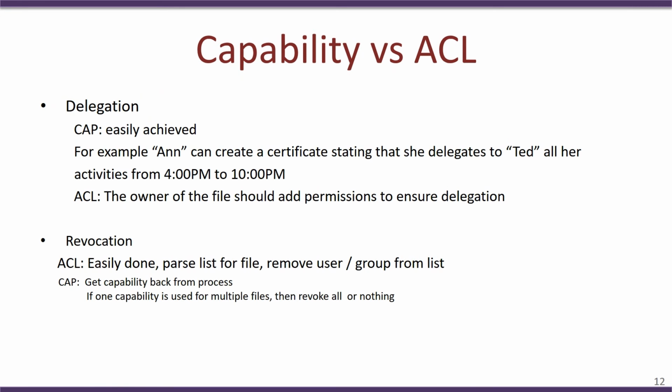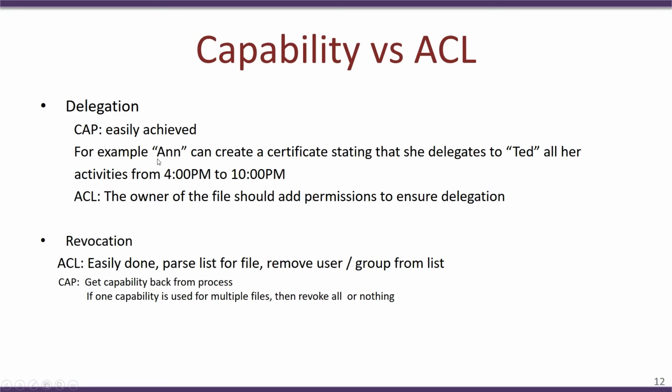Capabilities versus access control lists have their own advantages and disadvantages. For example, if you want to delegate your rights to somebody else, then a capability based model is much more easy. So let us say, for example, in an office environment, Anne is going on a vacation and she wants to delegate all her tasks to somebody else called Ted for some time.